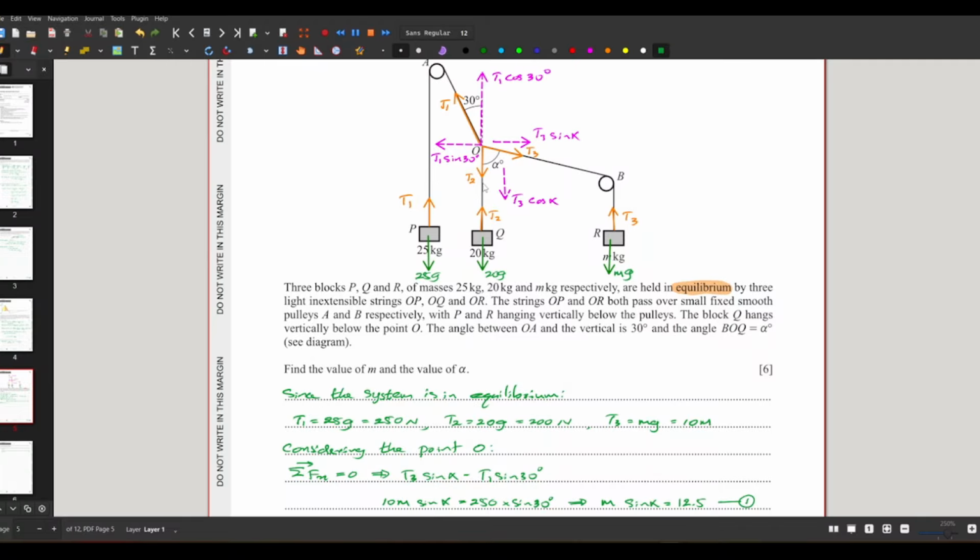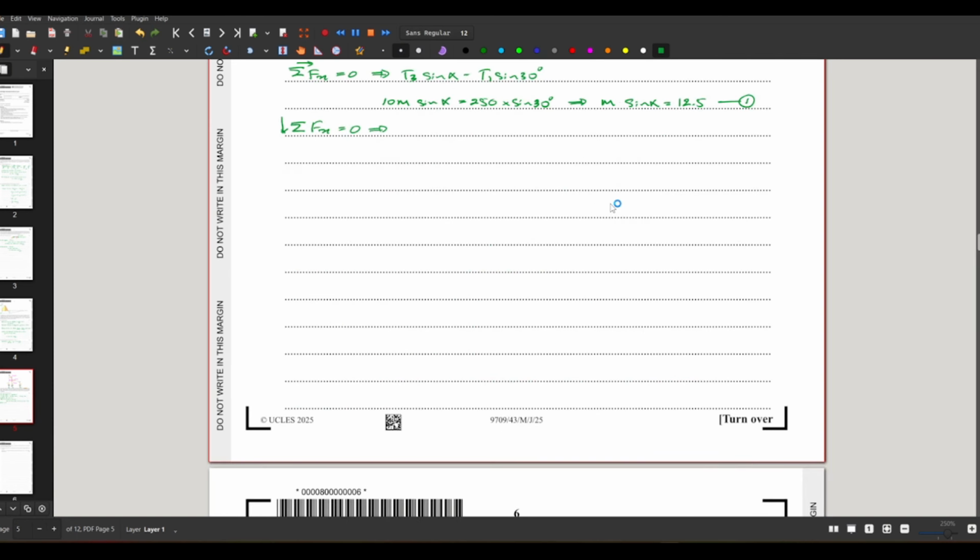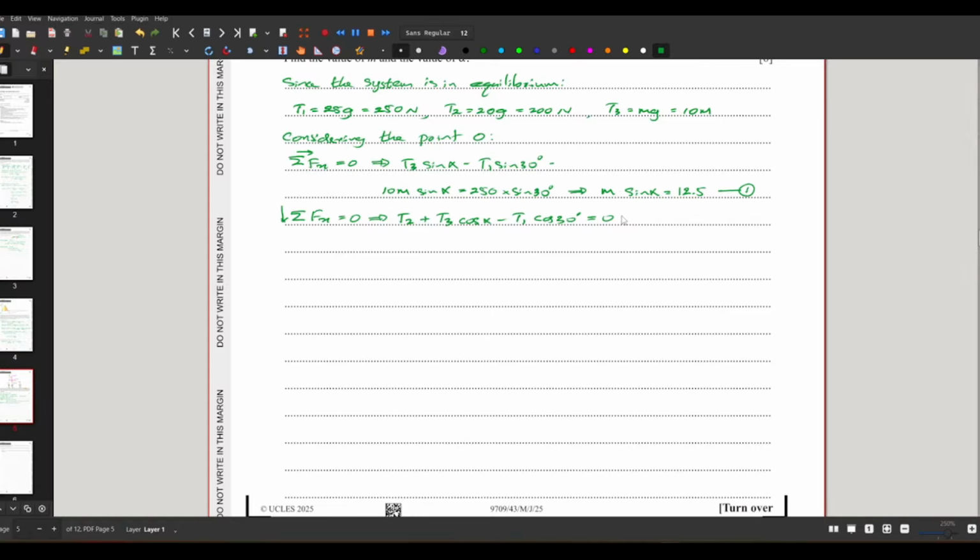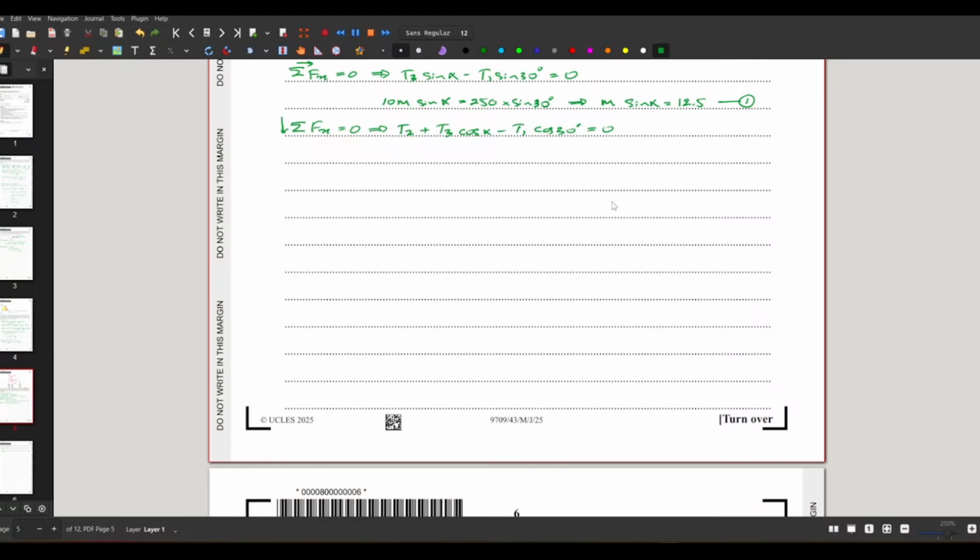We have T2 plus T3 cos alpha, then minus T1 cos 30, equals 0. Okay, so T2 is 200.